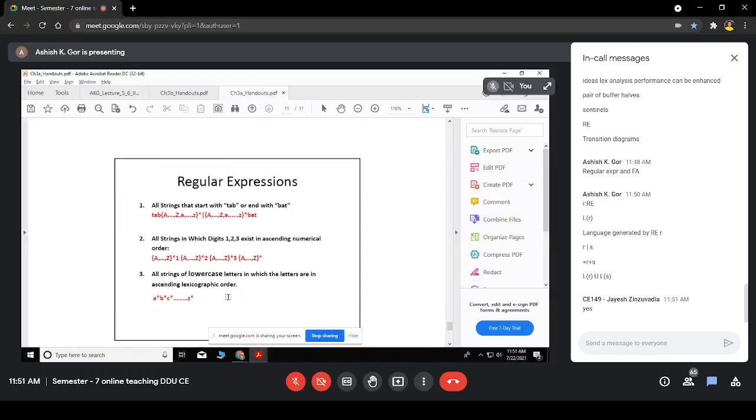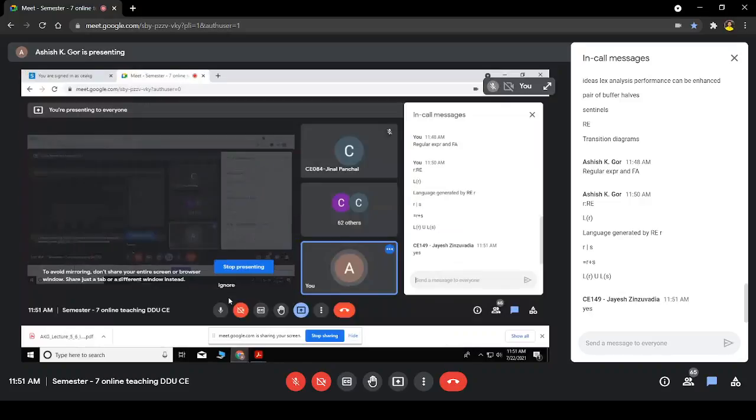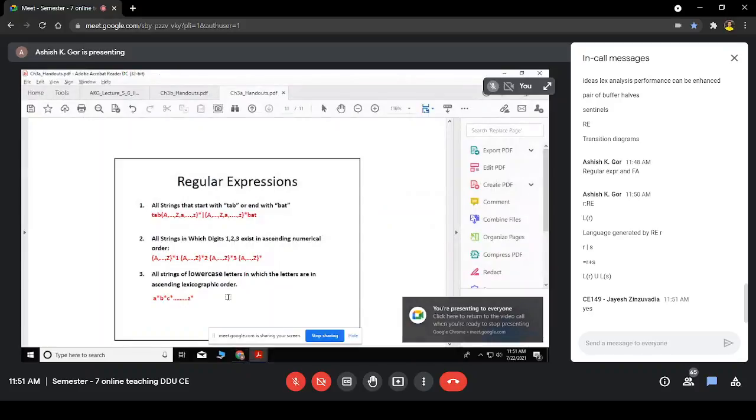Now let us take a few regular expressions to briefly recap what you have studied. I'll give you one language and you can come up with the regular expression. You have already done that in TOC, but I'm trying to give you some different things. You must have encountered this: all strings that start with tab or end with bet.